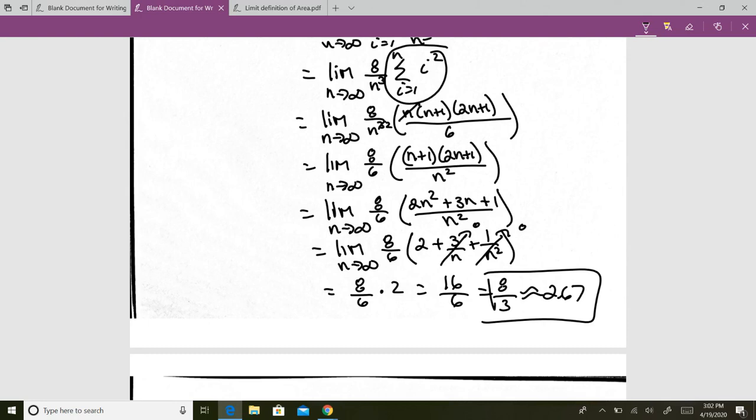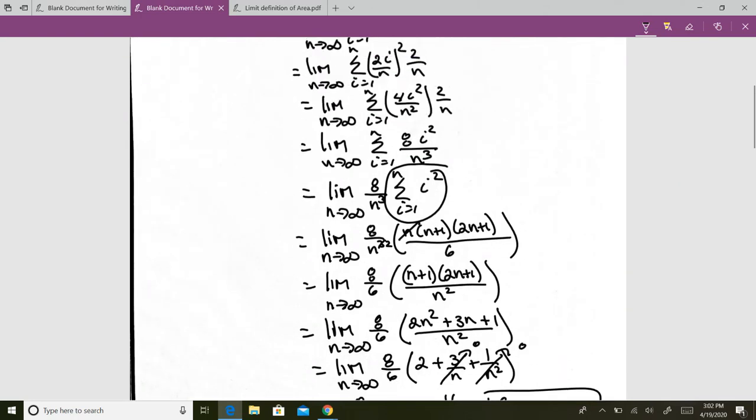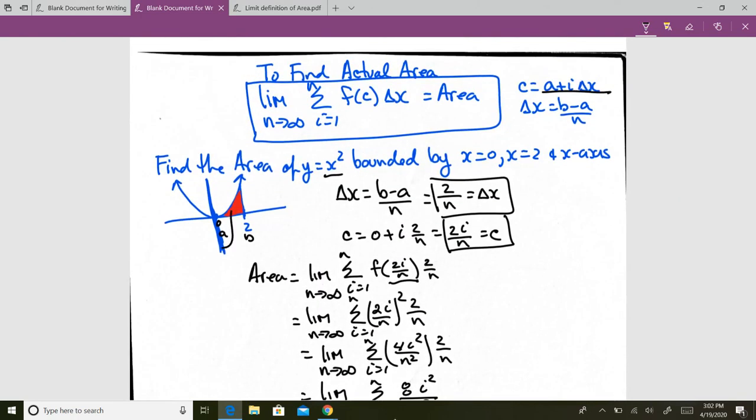So 8/3 or 2.67 is this area. That's the area of that graph, whatever units you're using.